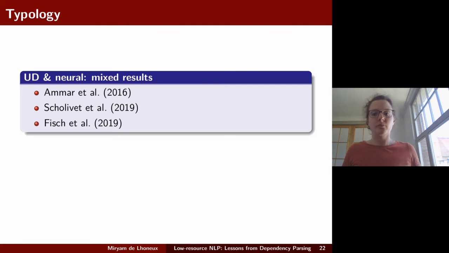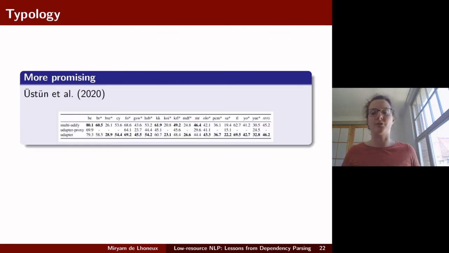More recent work has tried this for languages for which there are really few resources, and found some improvements from using typological features. This is again the paper that I mentioned earlier that did zero-shot dependency parsing, using mBERT, 13 languages, and an adapter to incorporate typological features.